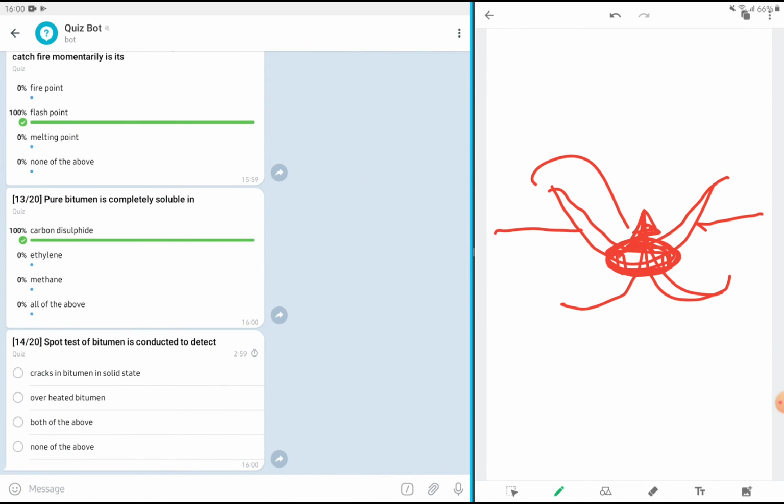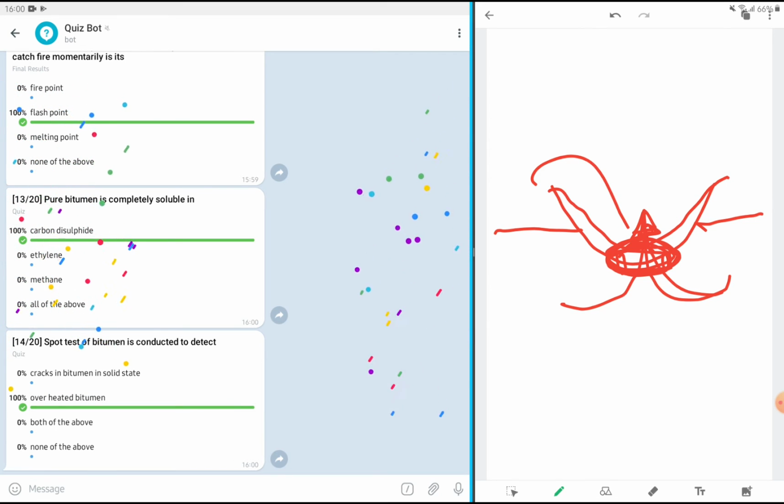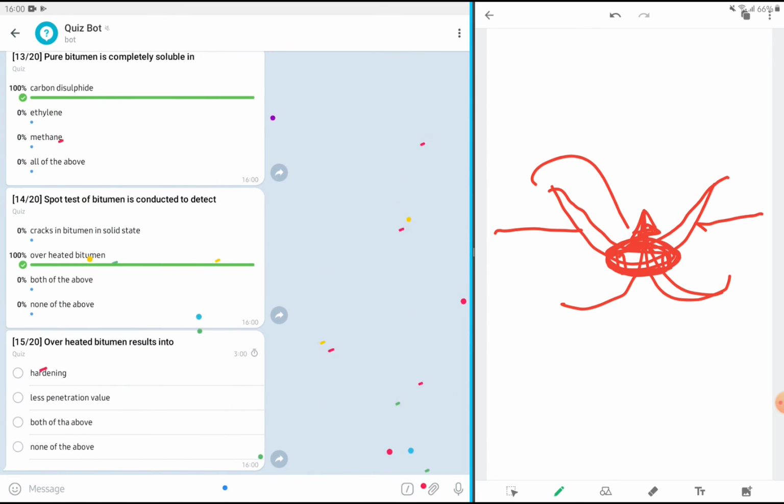No. Now the question is, spot test of bitumen is conducted to detect. Why are we carrying out the spot test? We are carrying out the spot test in order to detect overheated bitumen. Overheated bitumen results in hardening, less penetration value, yes.